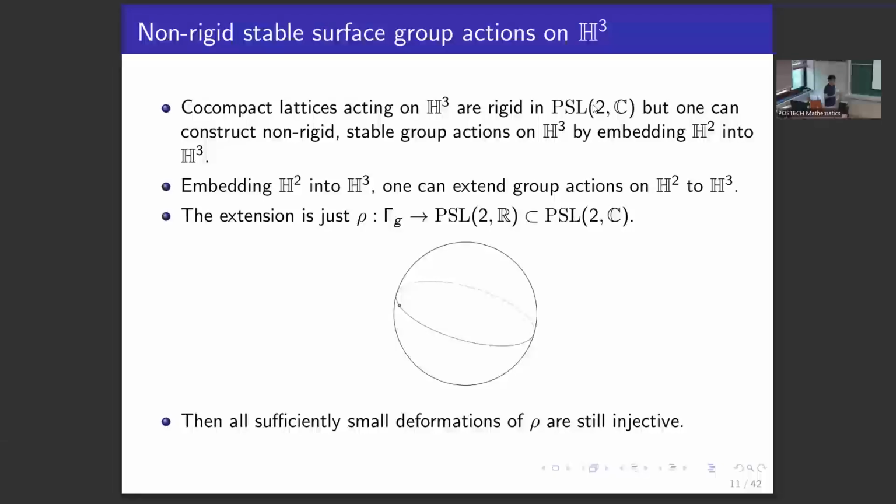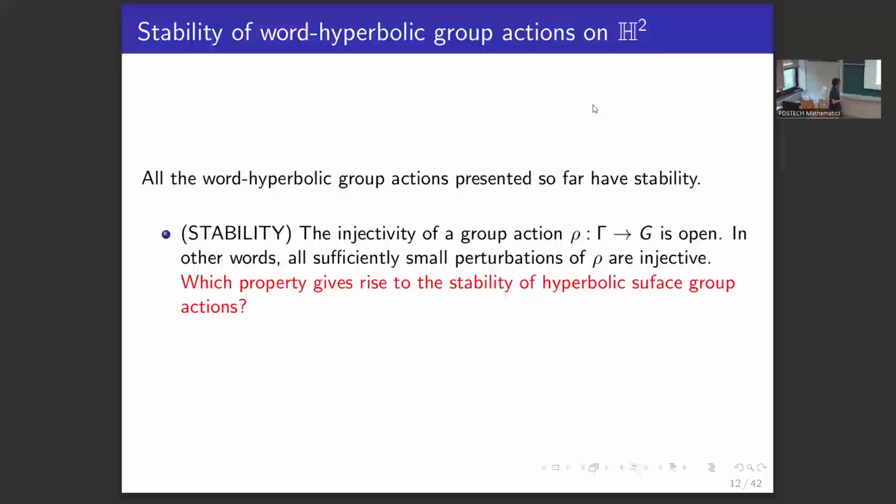That means if you perturb this Fuchsian group action, you still have an injective homomorphism. This is a non-compact case. So all the hyperbolic group actions presented so far have stability.